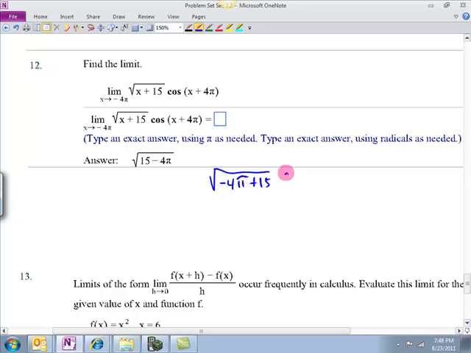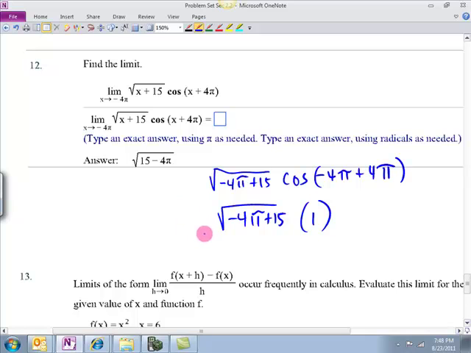Get that times the cosine of negative 4 pi plus 4 pi, which is what? Cosine of 0, which is 1. And so 1 times this is just that. And they rewrote it this way. I don't think MyLab would count it wrong if you put it in this way, but they transferred the numbers.